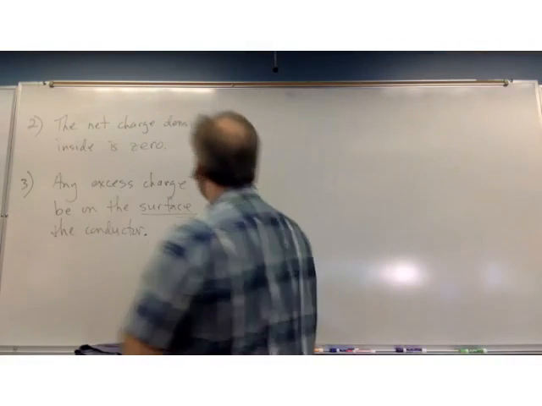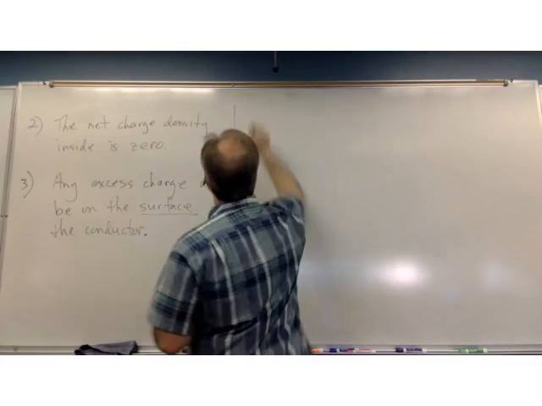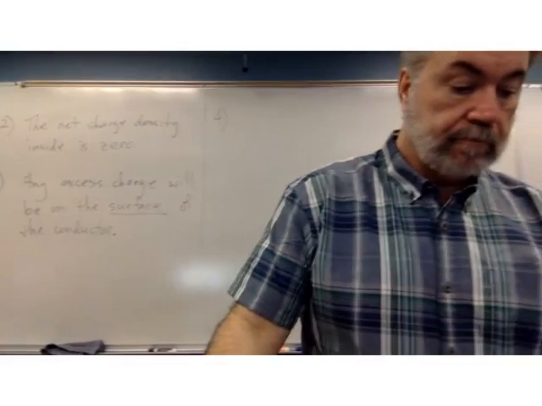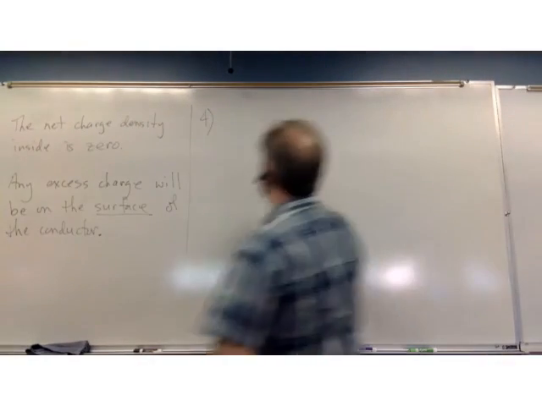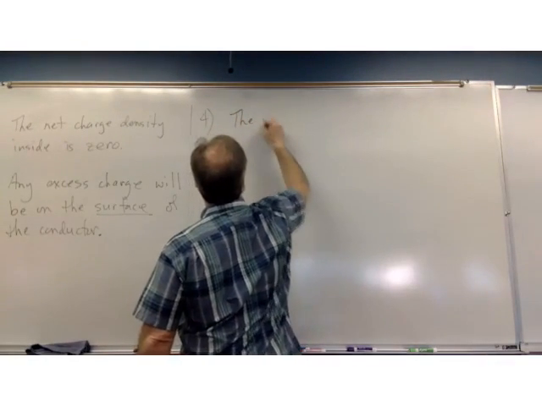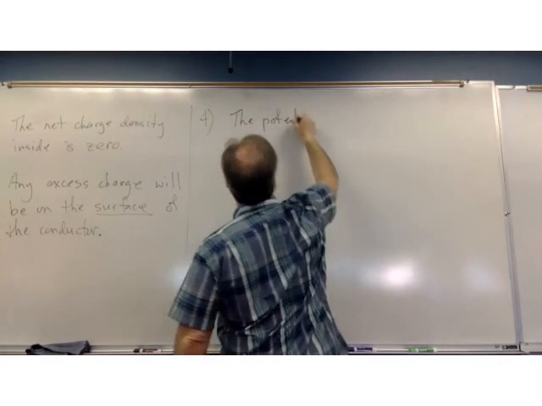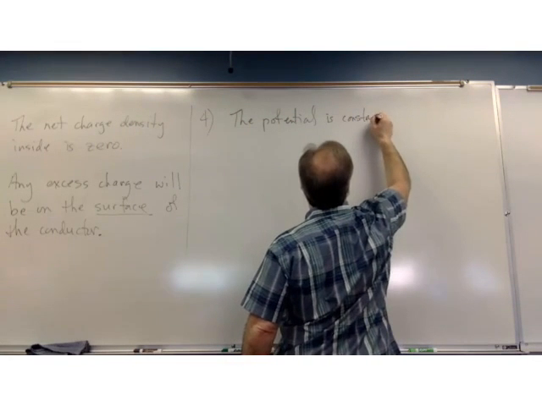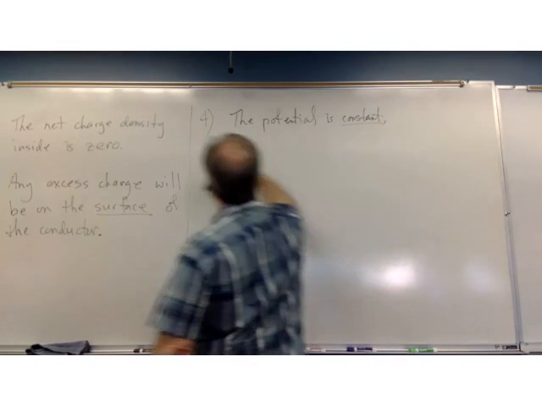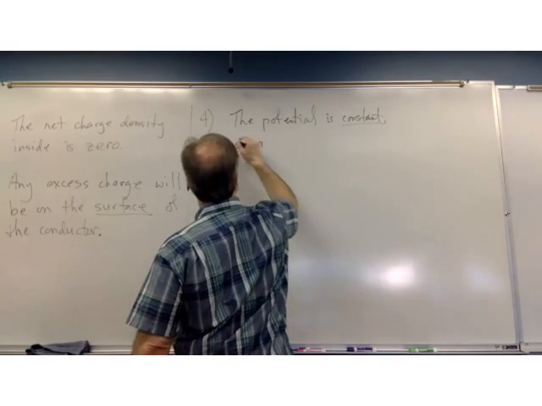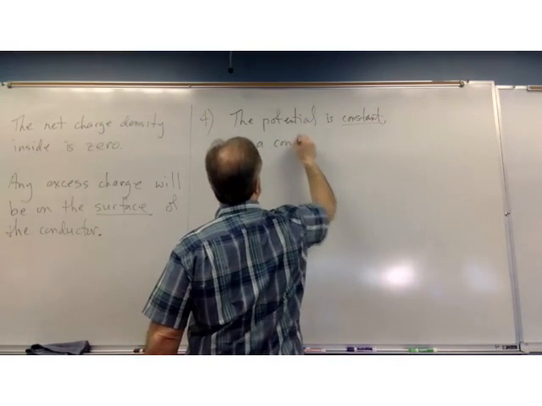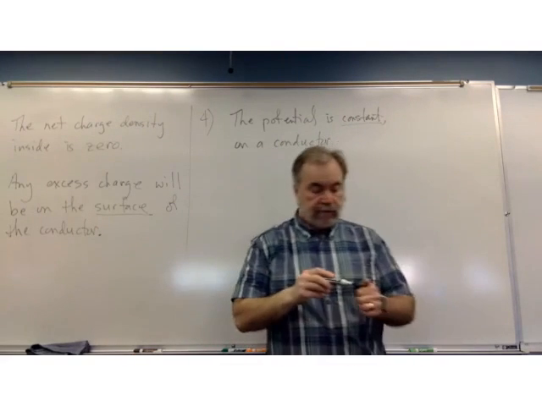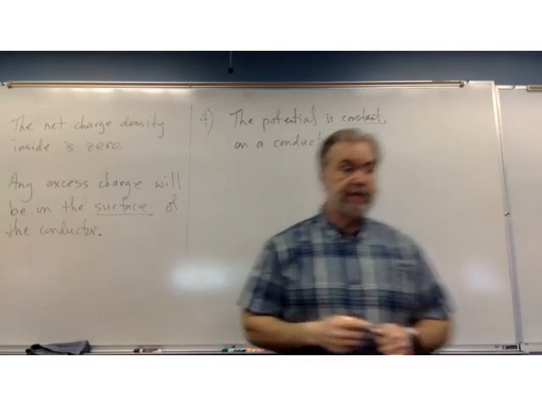Okay, property number 4 is very important. The electric potential is constant everywhere on a conductor.